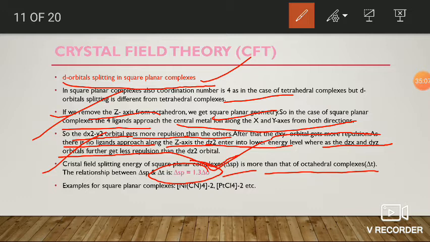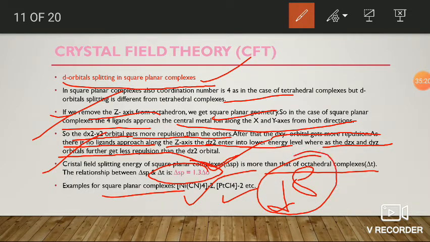If you observe examples for square planar geometry, they are the tetracyanonickelate complex and the tetrachloroplatinate complex. Mainly, metal ions with d8 electronic configuration form square planar geometry, mainly the nickel group: nickel, platinum, palladium.